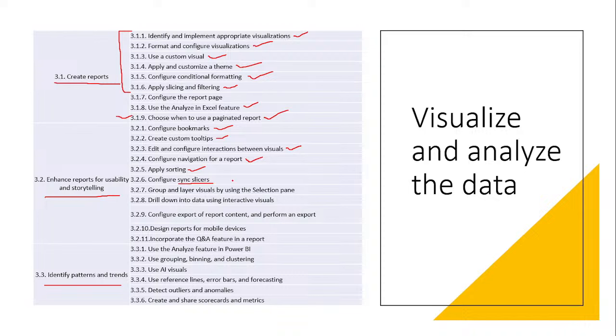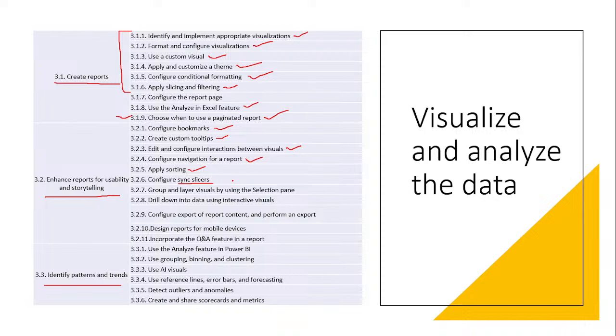Synchronizing it means that, suppose you have three reports, three-page reports you created, and you wish that whenever I am applying any slicer on one page, it will be implemented on all the reports. So that is synchronizing your slicer.